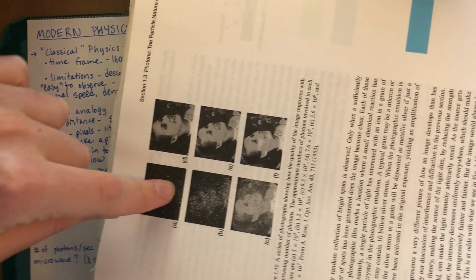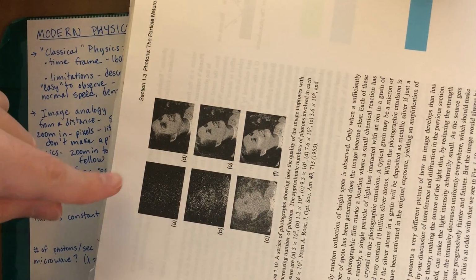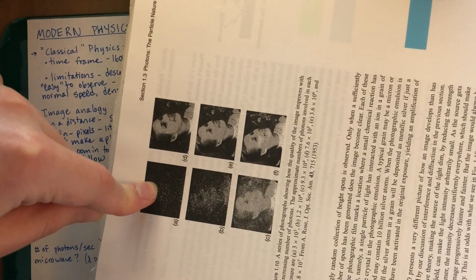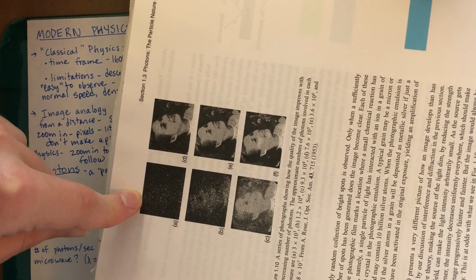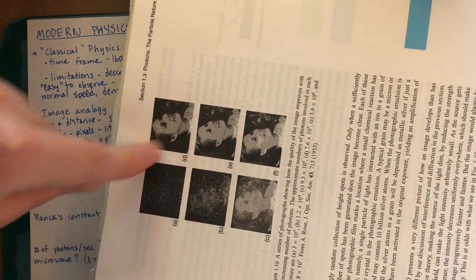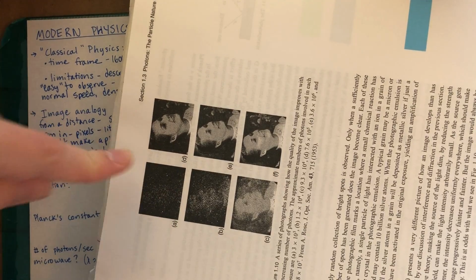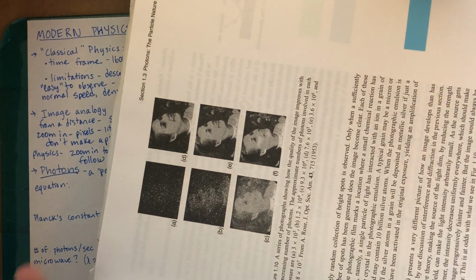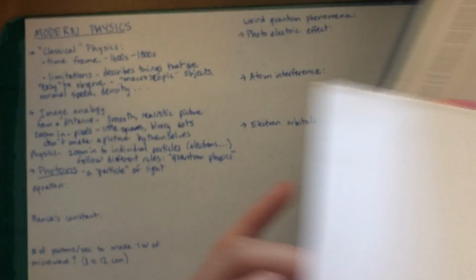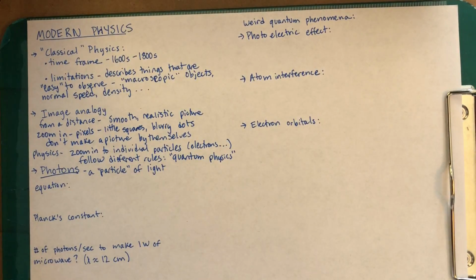And you can see the image gets clearer as they increase the number of photons. This first image only has 1,000 photons making up the image, and you can see that it's made up of separate little dots and not a complete picture. So in a sense, the photons almost are like the pixels of light, except that they are a very, very small amount of energy.